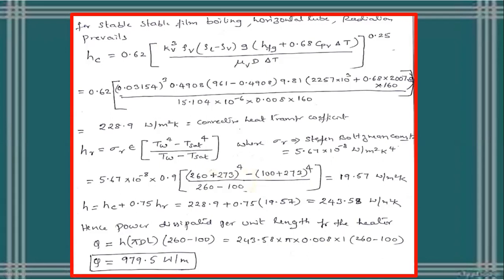So pi into the diameter multiplied by per meter length, take it as 1 here, multiplied by delta T. This is the surface temperature minus the saturation temperature of the water. You'll get Q, the rate of heat transfer, as 979.5 watt per meter. Thank you.